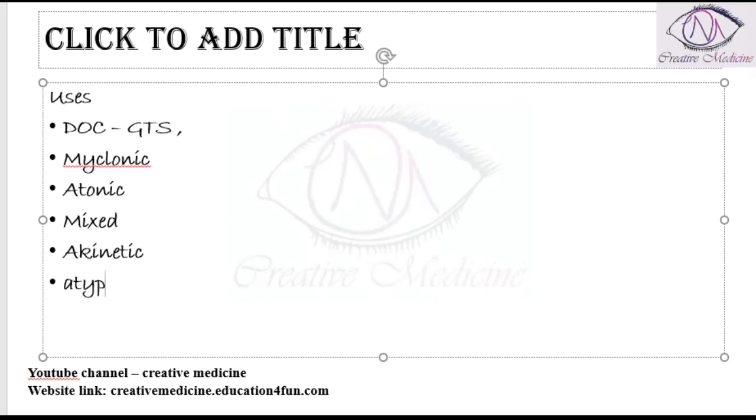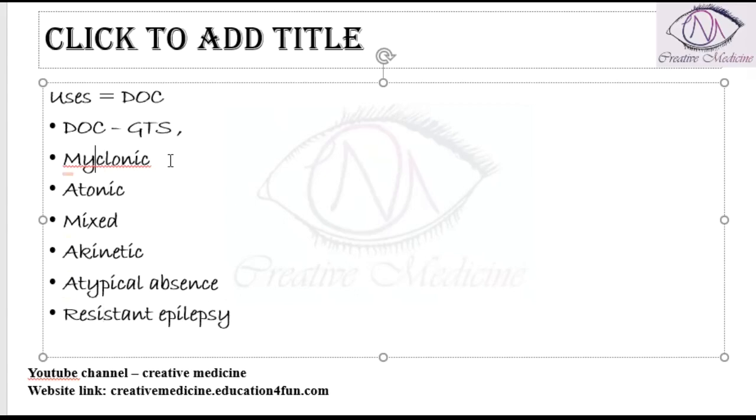It can be used as a drug of choice for atypical absence seizures. Resistant epilepsy also we can use valproate as drug of choice. So valproate is a drug of choice in generalized tonic-clonic seizures, myoclonic seizures, atonic seizures, mixed seizures, akinetic seizures, atypical absence seizures, and refractory epilepsy.